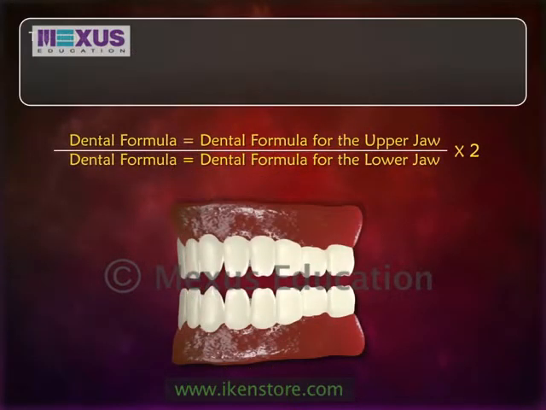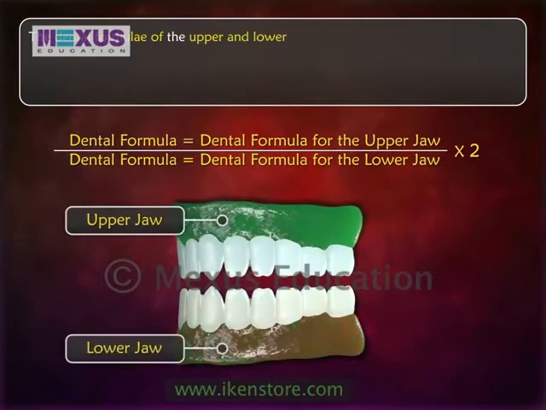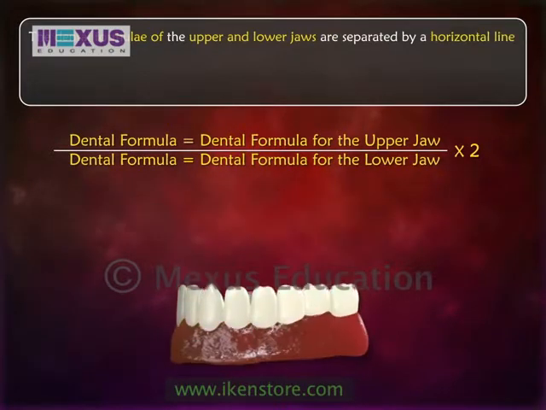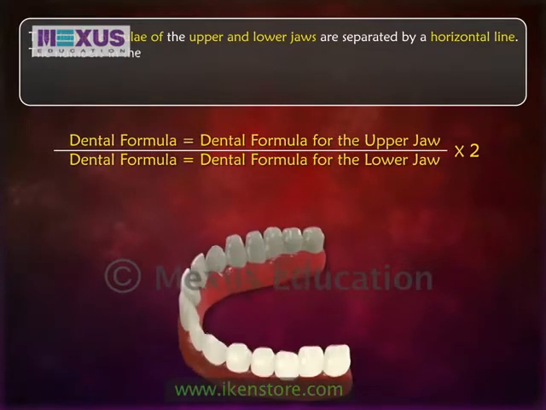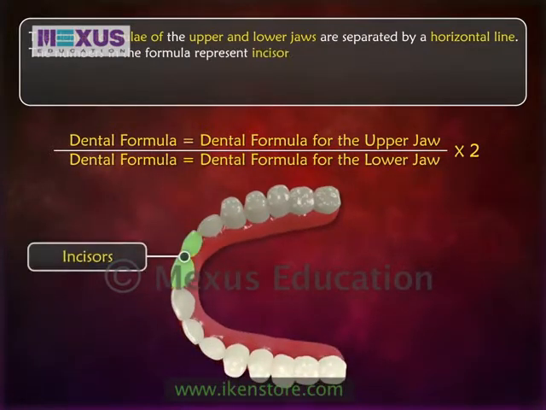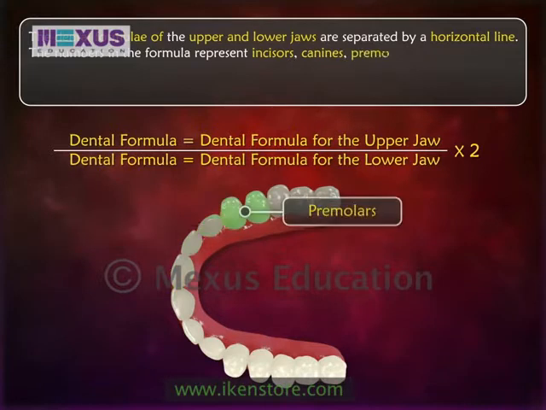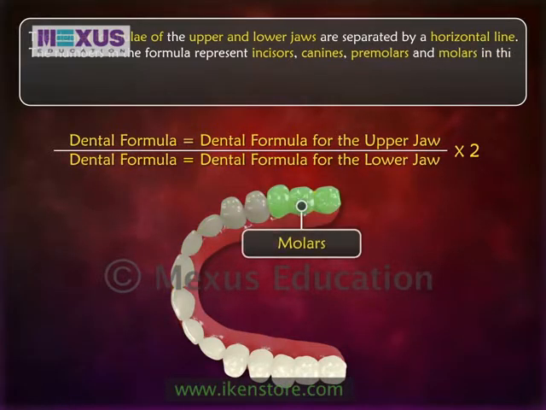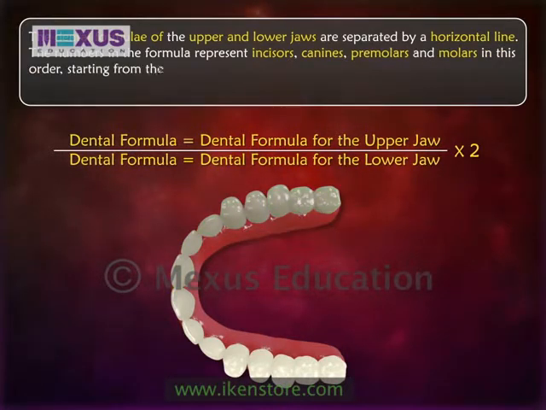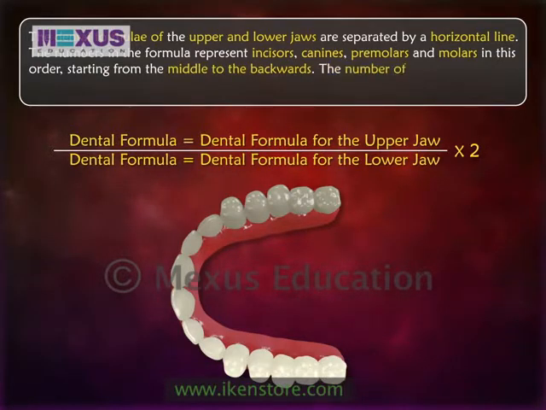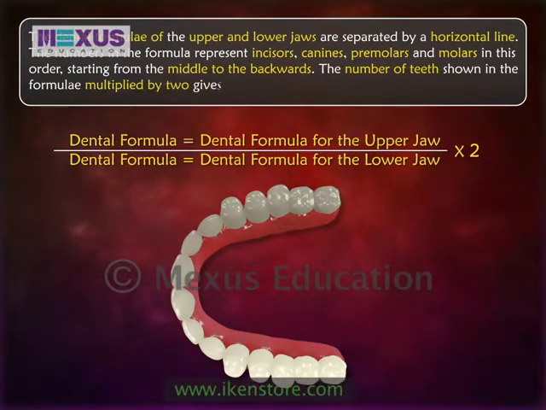The dental formulae of the upper and lower jaws are separated by a horizontal line. The numbers in the formula represent incisors, canines, premolars and molars in this order, starting from the middle to the backwards. The number of teeth shown in the formulae multiplied by 2 gives the total number of teeth in a species.